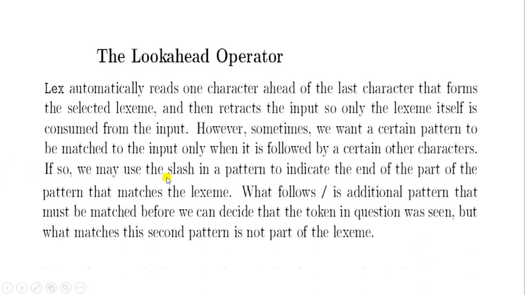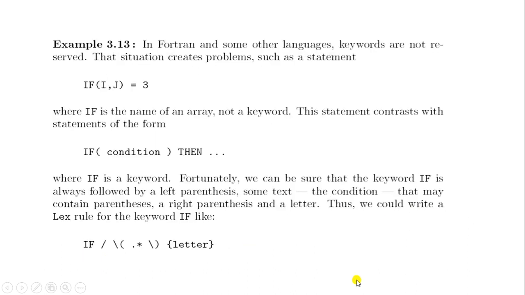If so, we use the slash in the pattern to indicate the end of the part of the pattern that matches the lexeme. What follows the slash is an additional pattern that must be matched before we decide that the token was seen, but what matches the second part is not part of the lexeme. I'll explain what is written over there in the previous slide.